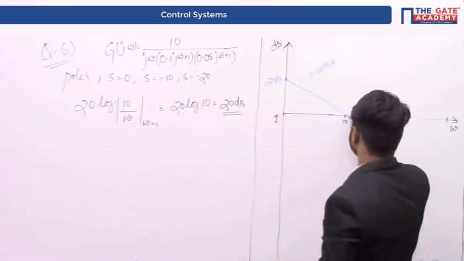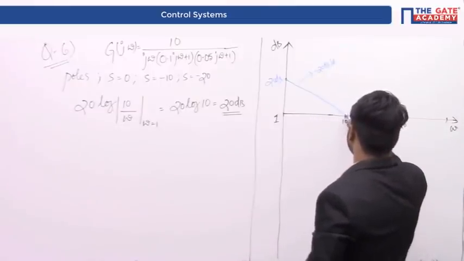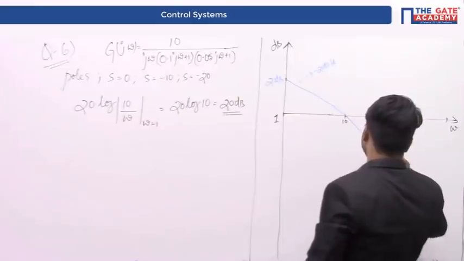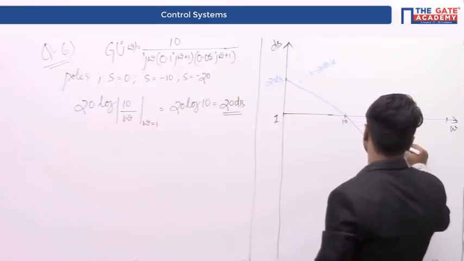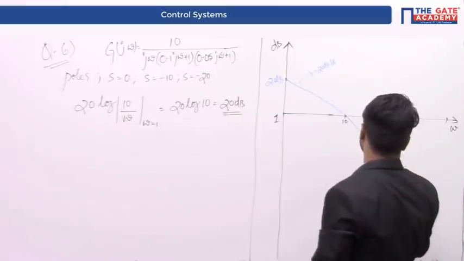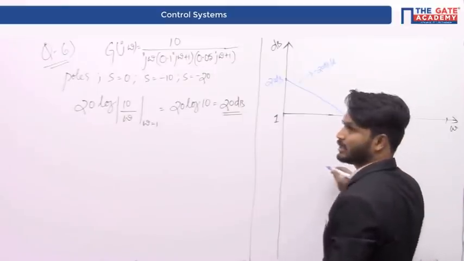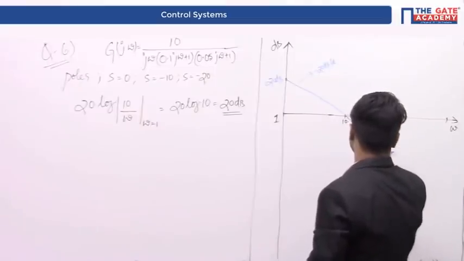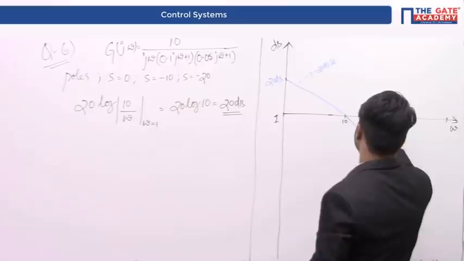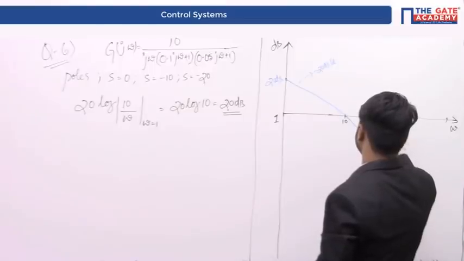Therefore, from here the slope becomes minus 40 dB per decade. Within 1 decade, the plot is going to decrease by 40 decibels. Let us say 20 is somewhere here.